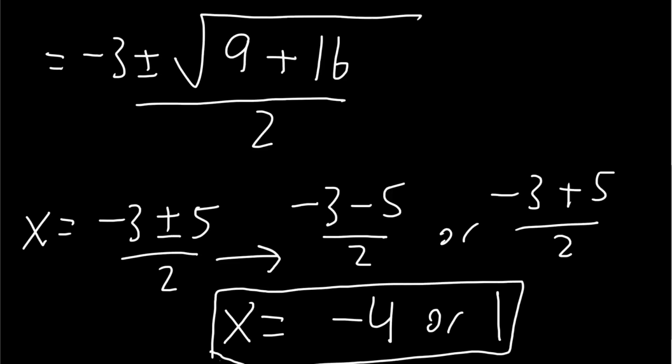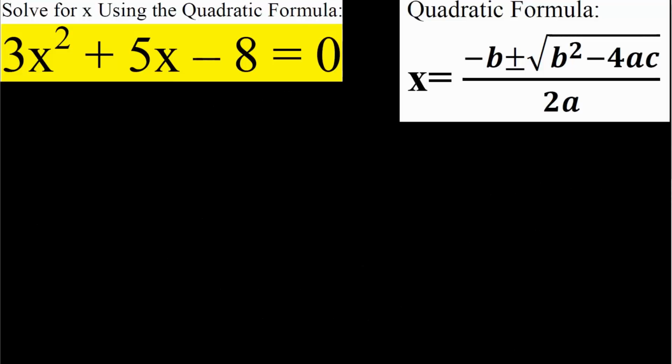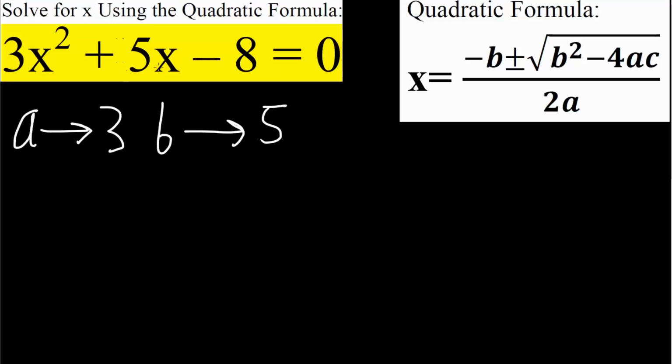And so now we'll do the second problem using the exact same method. We want to use the quadratic formula to solve for x. For us, now our a value is 3, our b value is 5, and our c value is negative 8. And now we simply plug in these numbers into our equation here.